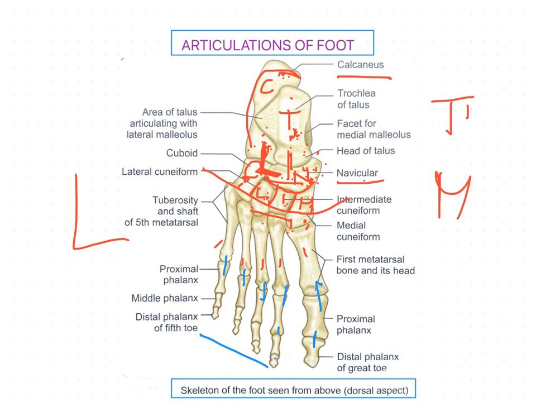In the remaining 4, there are proximal interphalangeal joints and distal interphalangeal joints. So these are the articulations of the foot, and these form different kinds of joints in the foot.